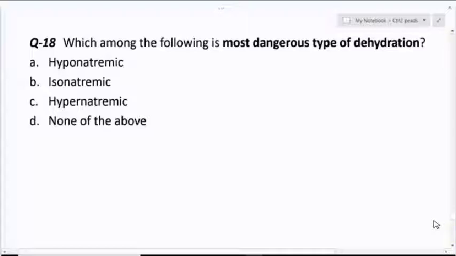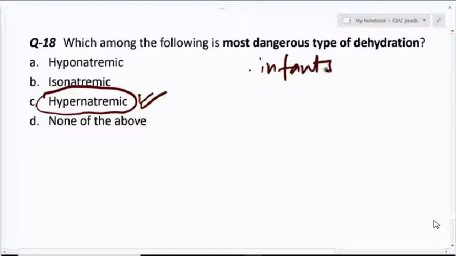Hypernatremia is very bad because it is a very hyperosmolar state, and these patients can get cerebral edema. It is commonly seen in extremes of ages because they don't have free access to water. It can also be seen in diabetes insipidus because of loss of free water.